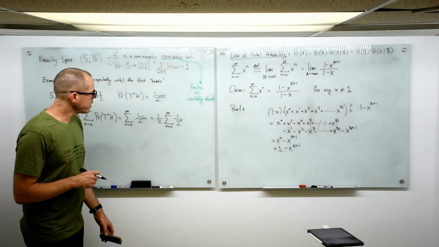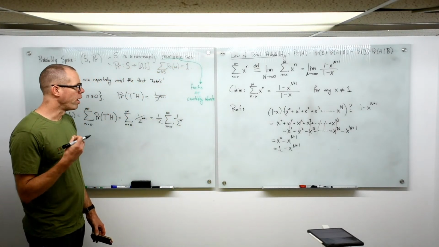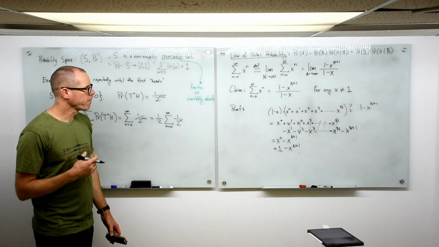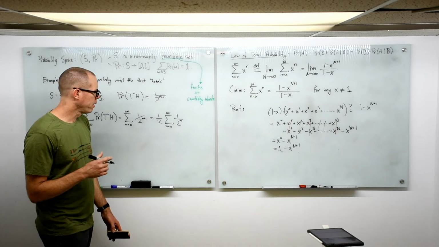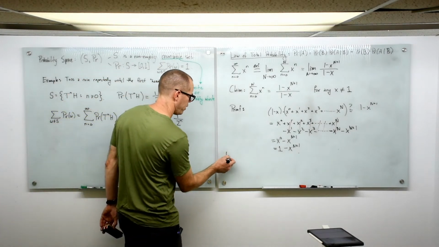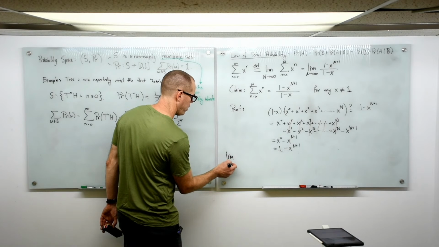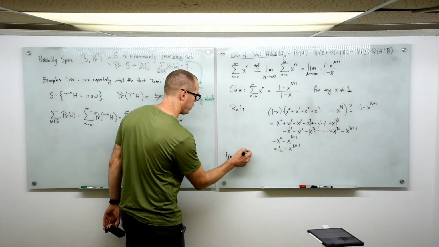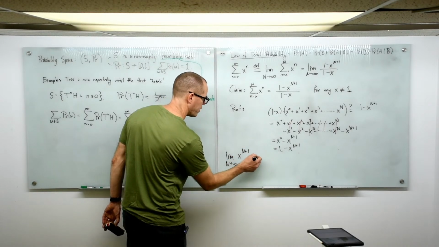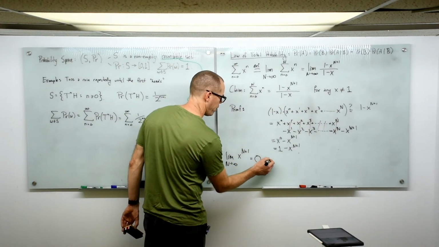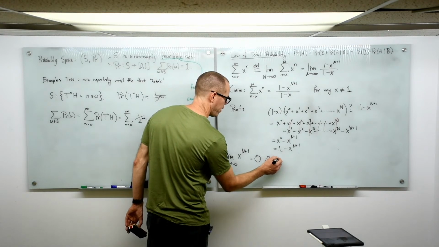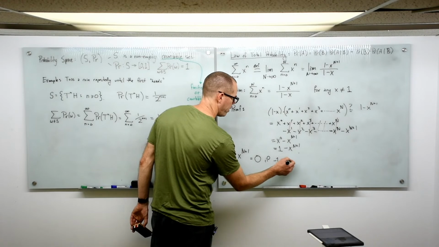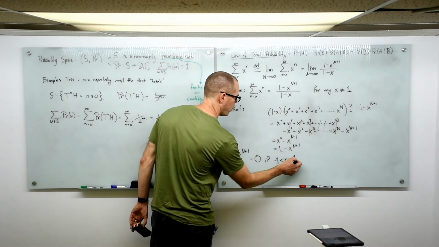And if x is smaller than 1, then the limit as n goes to infinity of x to the n plus 1 is equal to 0, as long as x is bigger than minus 1 and smaller than 1.